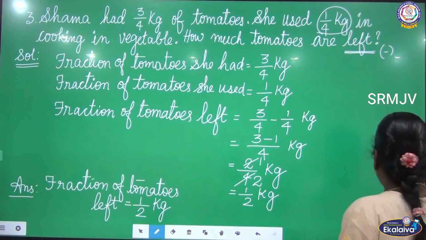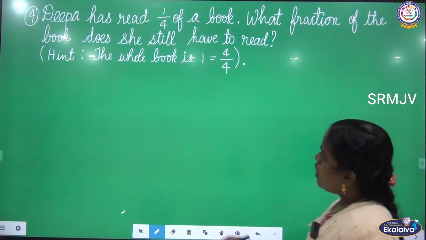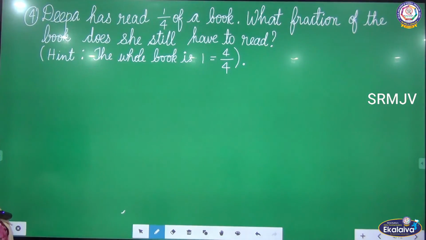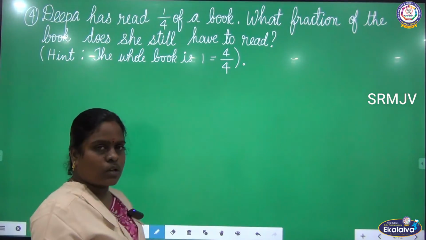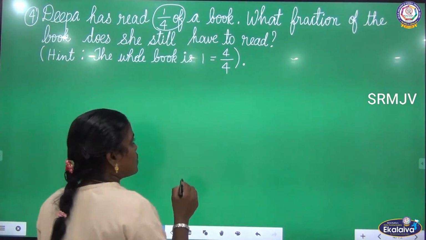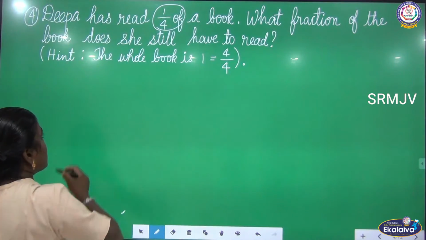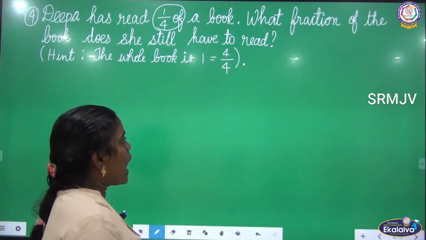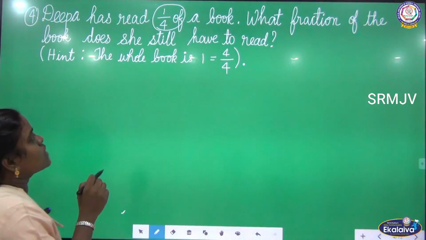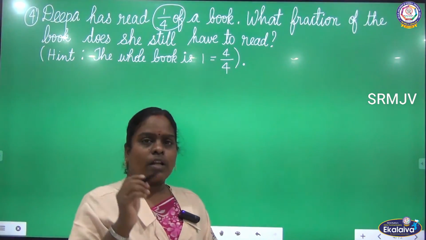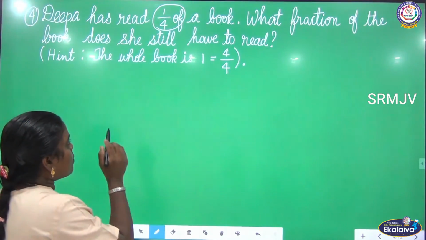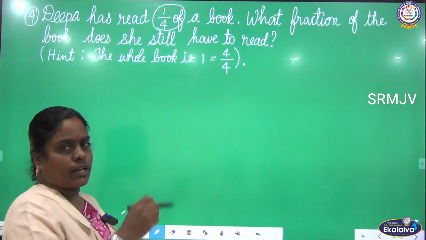So the next question, Deepa has read 1/4 of a book. So she has a book and she read 1/4 of a book. What fraction of the book does she still have to read? Listen, children, here the fraction is given only for the pages which she read. We want to find out the pages she has to read.